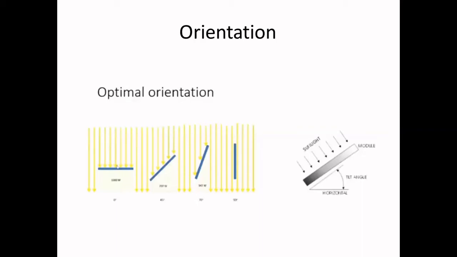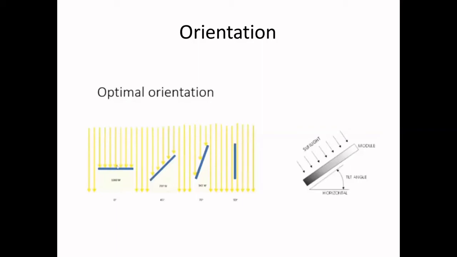These are the things which will be there, the step-by-step procedure in the PV design. One is orientation. Orientation is nothing but how to tilt your solar panel according to the solar rays which are coming to the earth. Is it directly flowing at 90 degrees, or is it flowing at some other degrees?